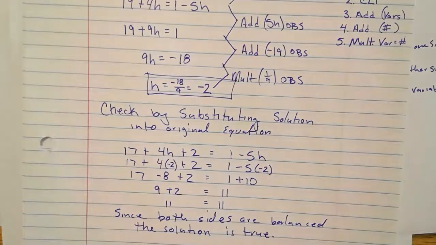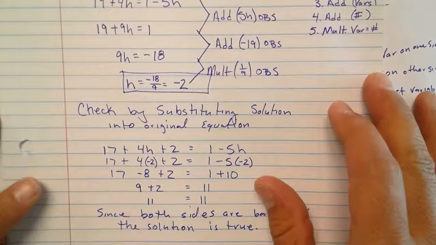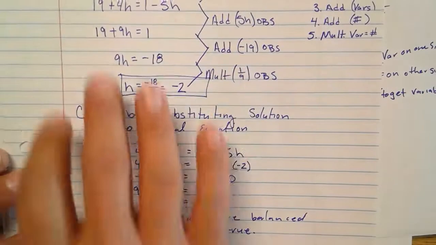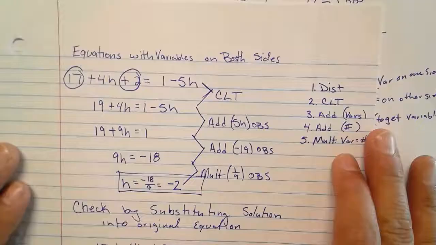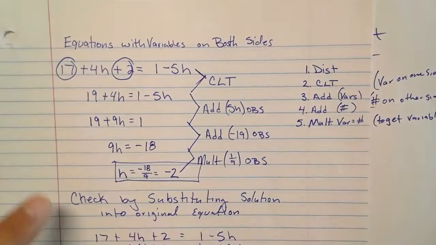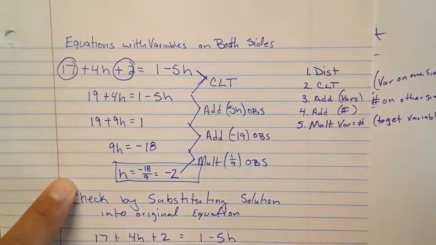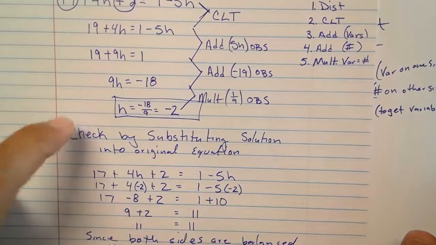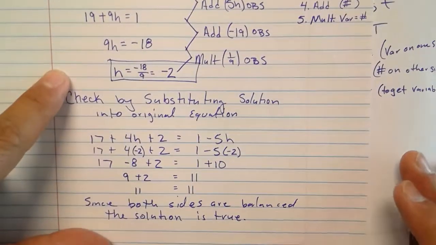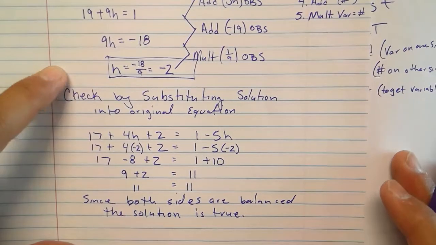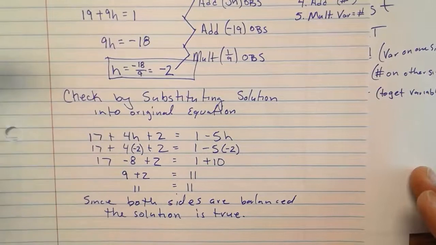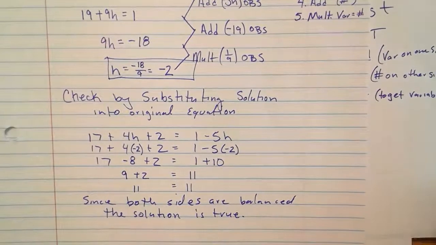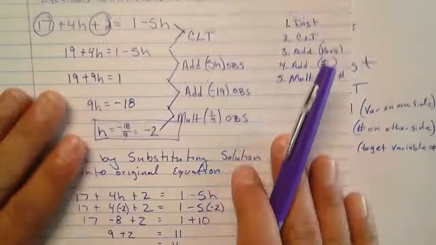Ladies and gentlemen, this is what I want for every single problem that you guys do on Khan Academy. With that said, the checking of the solution, you guys can skip that because it will tell you right off the bat if you did it right or wrong on Khan Academy itself. And if you did it wrong, you have to go back and show your work again. I really need to make sure you guys focus on the steps.